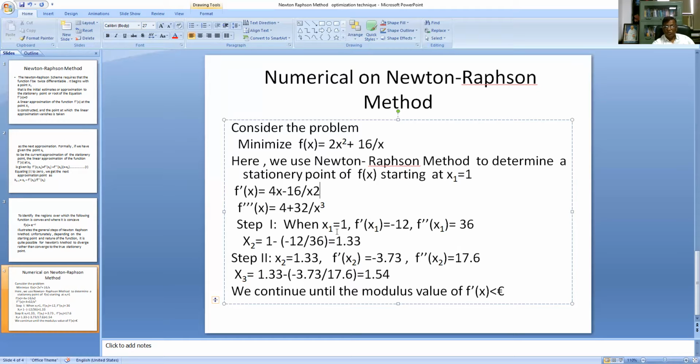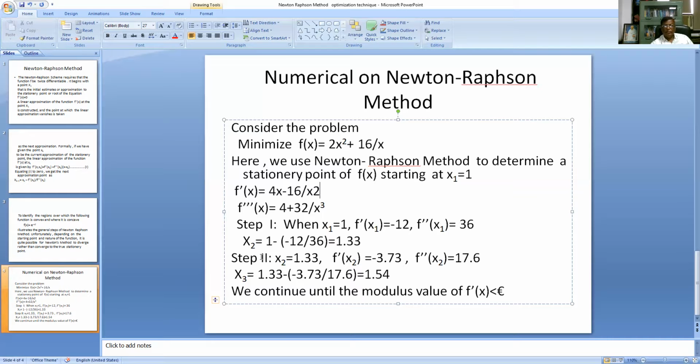So now x1 is clear. So for x2, we already have the xk value. In the beginning of the slide, you have seen that in equation 1, there is a result that gives you how to find xk plus 1. So if you are increasing by 1, you are getting this result.